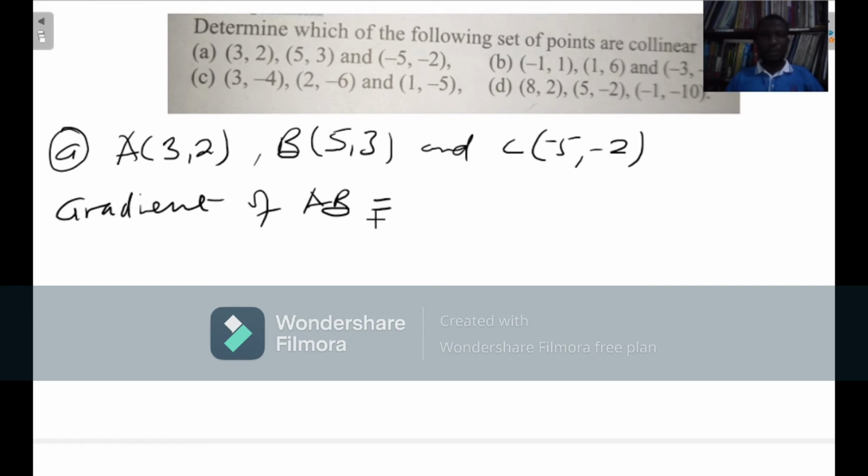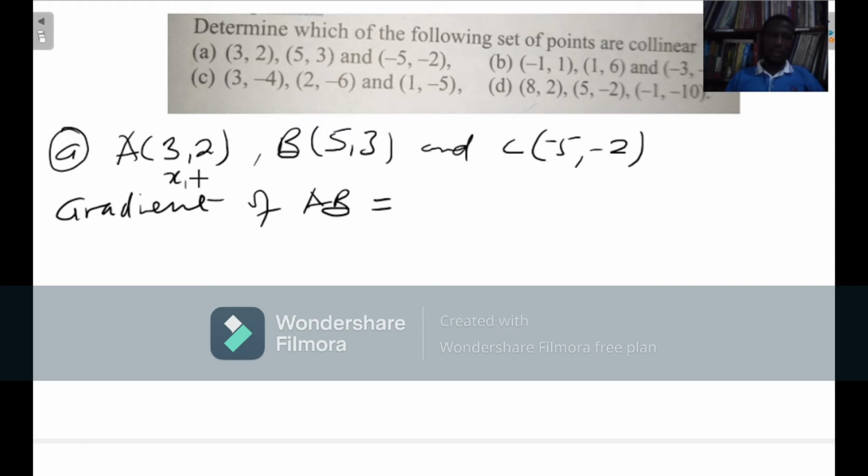And we've already learned how to calculate the gradient of the line joining 2 points. In case you've not watched that video yet, you can go back and check. But then the gradient of a line joining 2 points is the change in y values over the change in x values. As I always do, I will go and name the coordinates of the points.